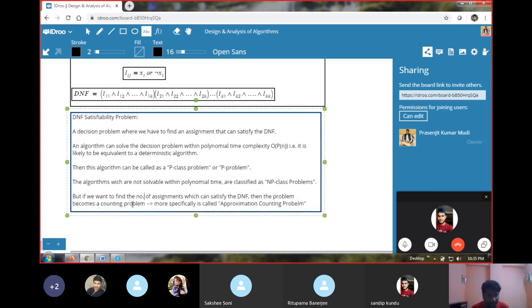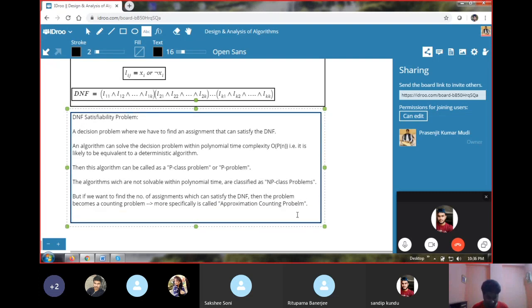But if I model a problem as a counting problem, where I just want to know how many assignments satisfy the DNF propositional formula, then what can I say about that? The answer is the number of assignments.